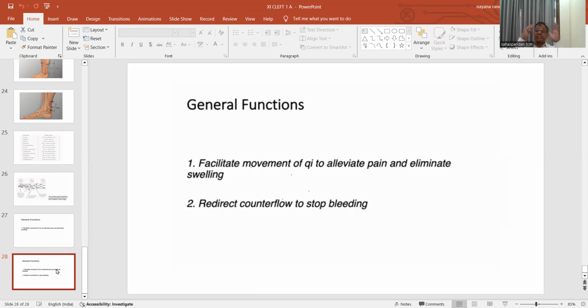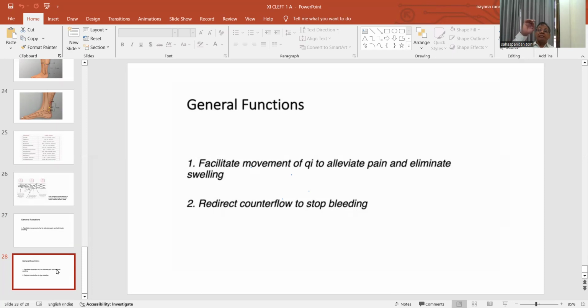This use of the Xi-cleft point is especially applicable on the yang channels, as these channels and their associated organs require constant movement for optimum function. And number two, redirect counterflow to stop bleeding.